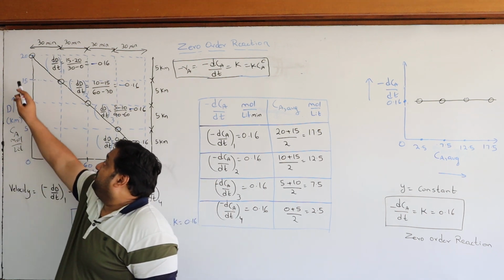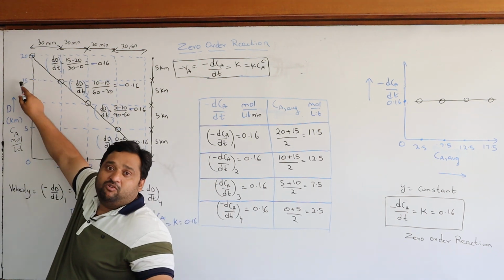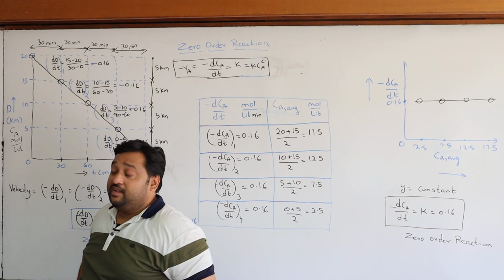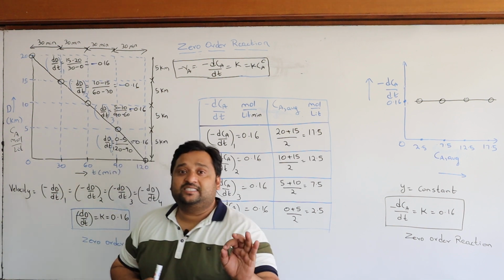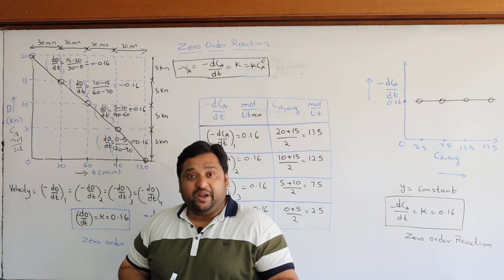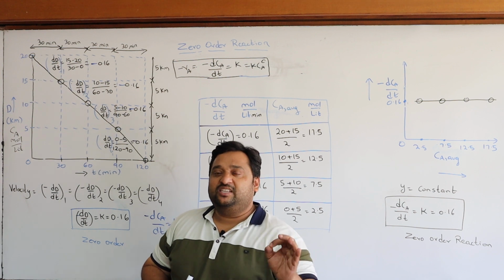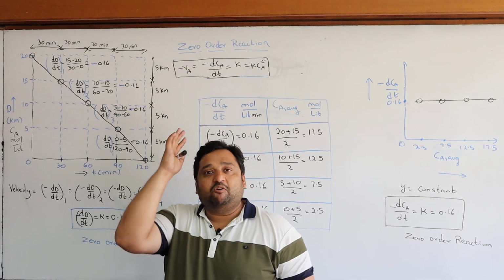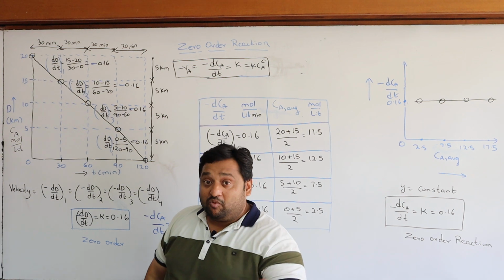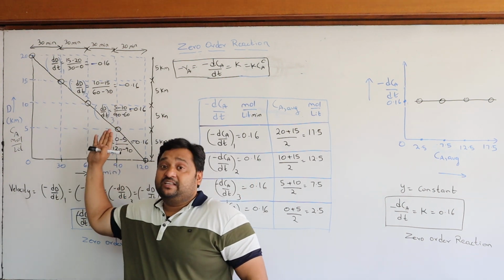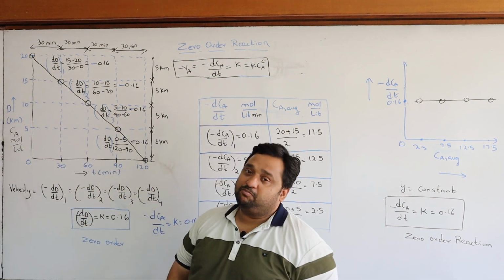That means whether it is 20 mole per liter or 15 mole per liter or 10 mole per liter, it has taken the same time. That means the speed of the reaction, the rate of the reaction, is the same whichever the concentration is. So when the slope is the same everywhere, the speed is the same.